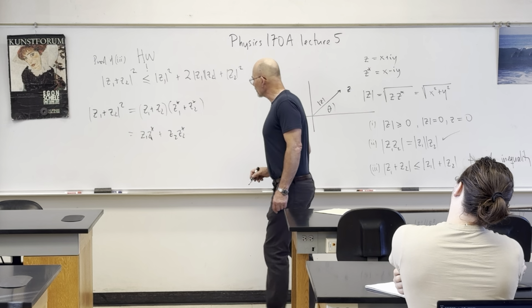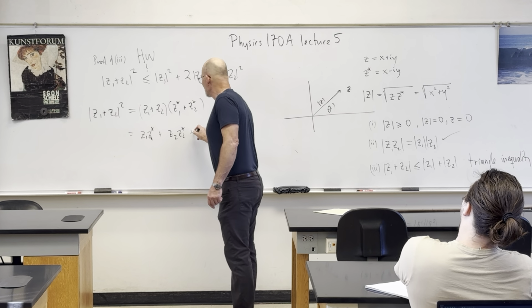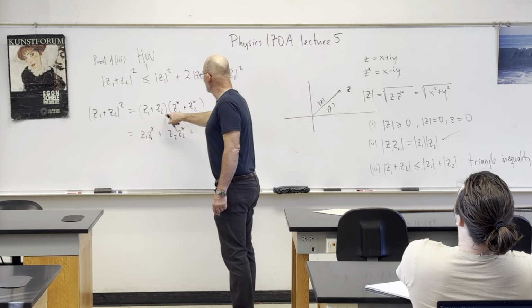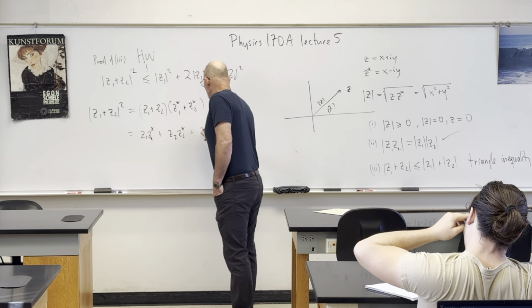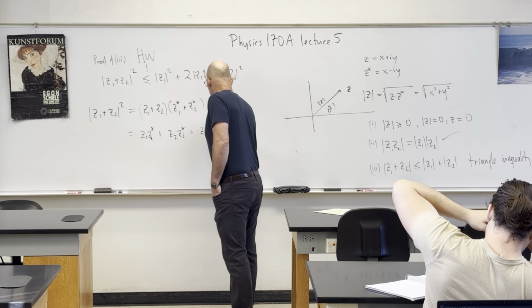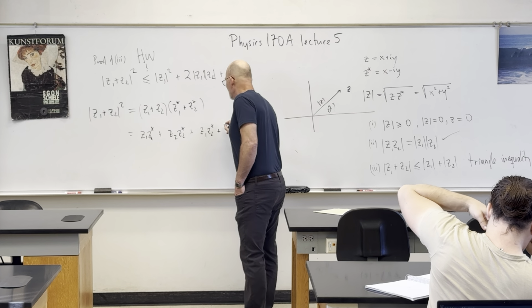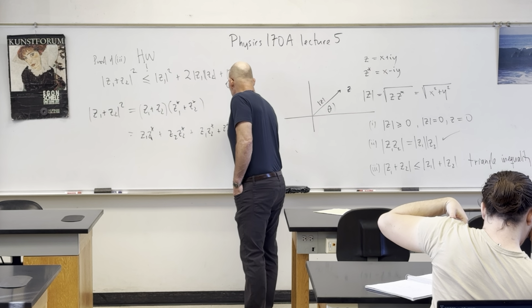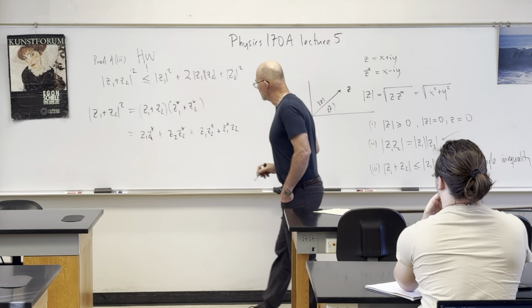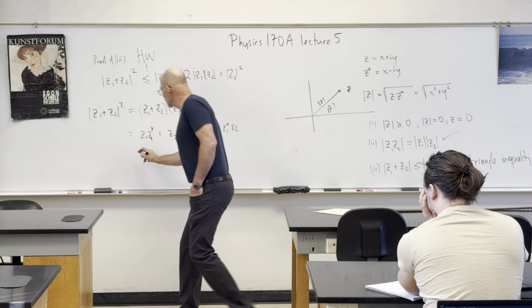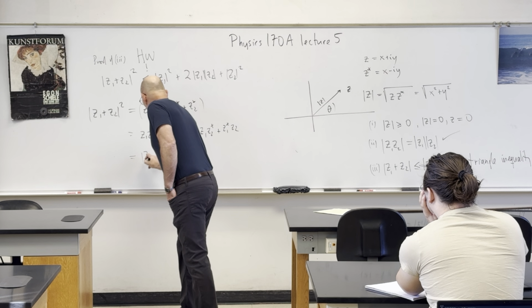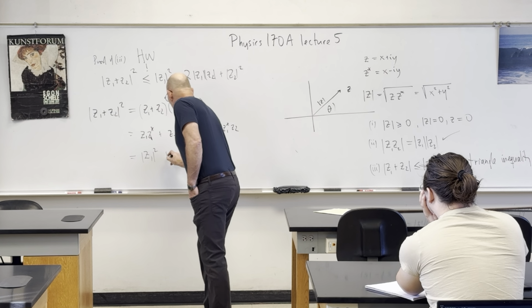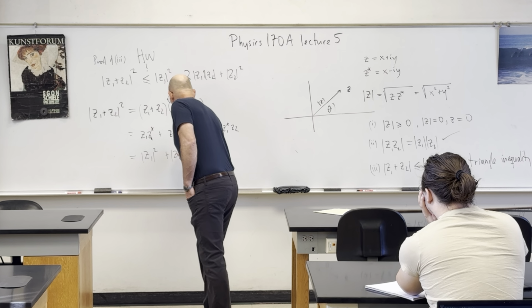Now the cross terms are interesting: plus z1 star z2 plus z1 z2 star. Now these first two are easy to deal with. This is |z1| squared. This is |z2| squared.